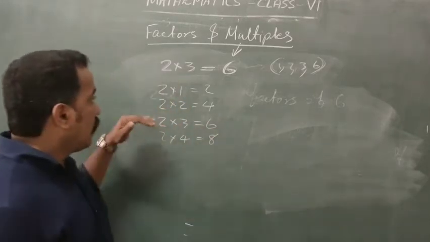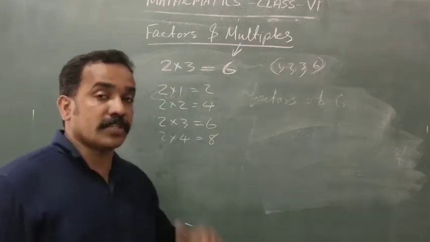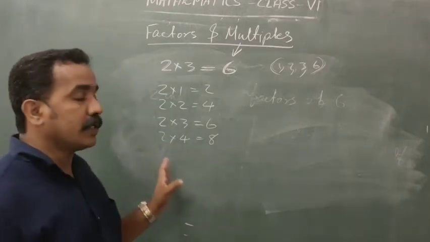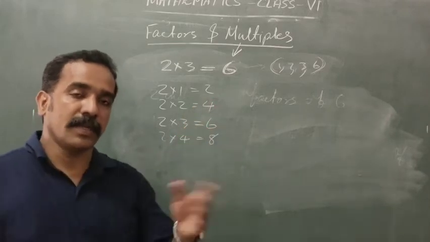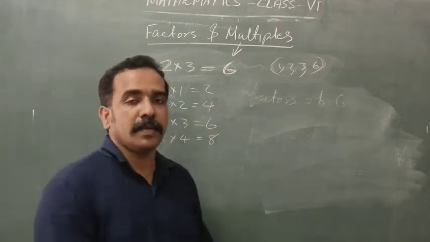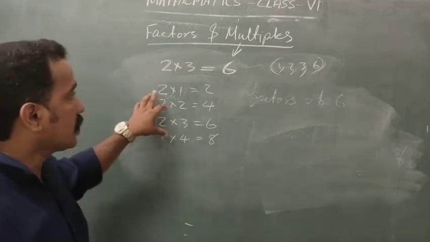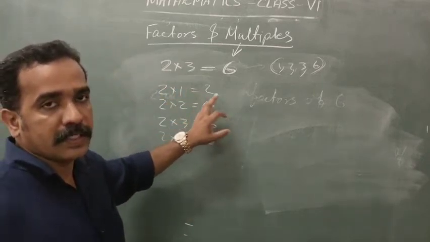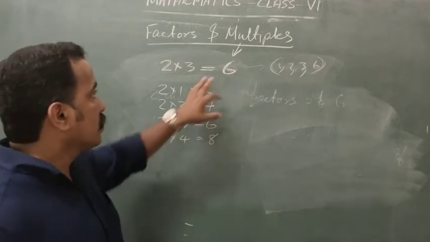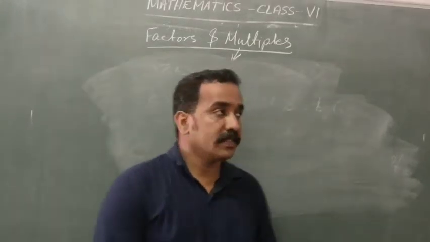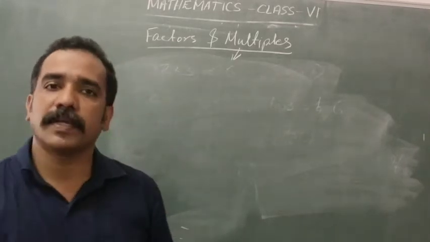But the greatest multiple, the largest multiple of 2, is infinity, because again and again there are infinitely many multiples. So the smallest multiple of a number is that number itself.